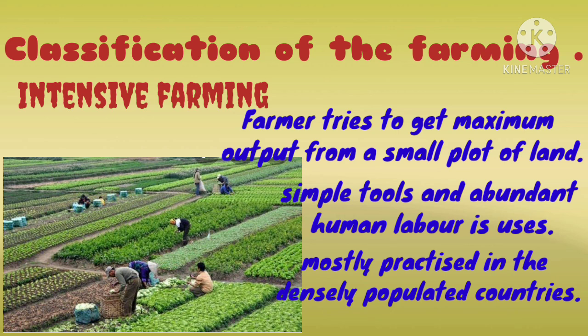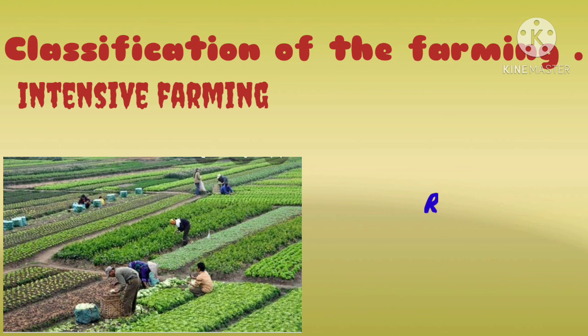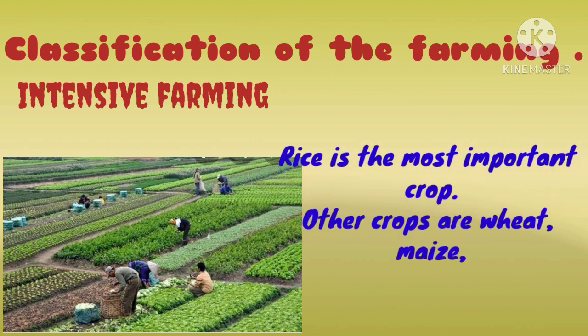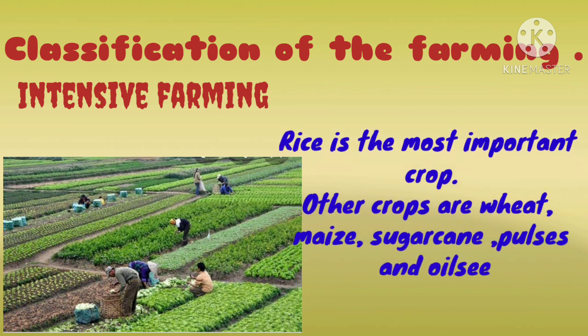Farmers use improved varieties of seeds, farm manure, and chemical fertilizers for soil fertility. Rice is the most important crop grown. Other crops cultivated are wheat, maize, sugarcane, pulses, and oil seeds.